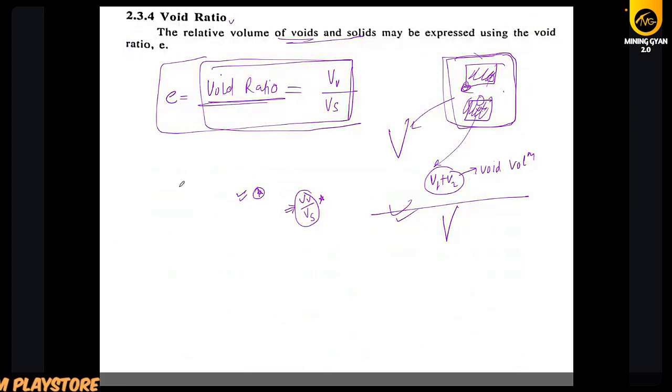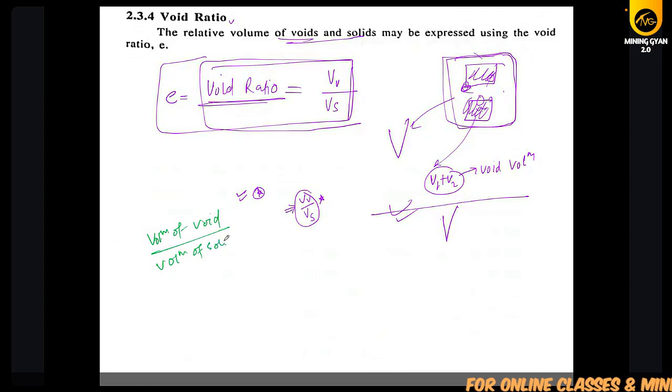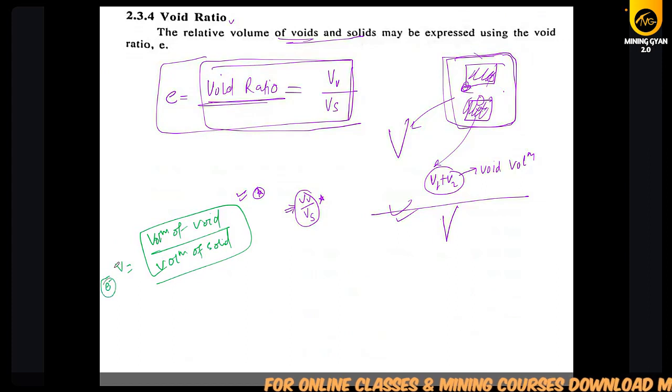So we take the volume of the void divided by the volume of the solid. It is the void ratio. Please remember it is equal to e.